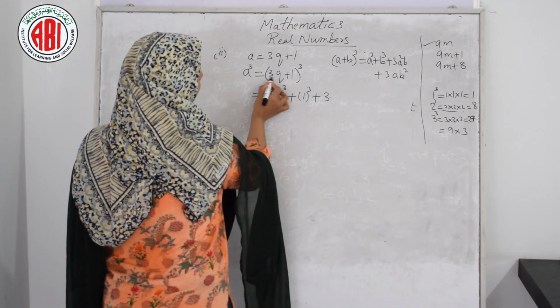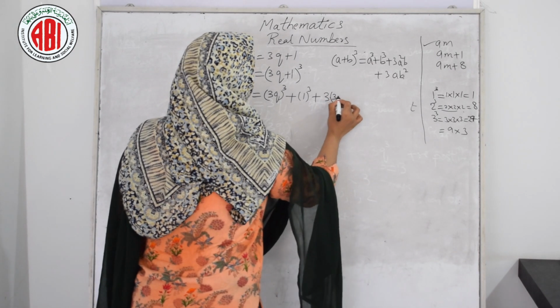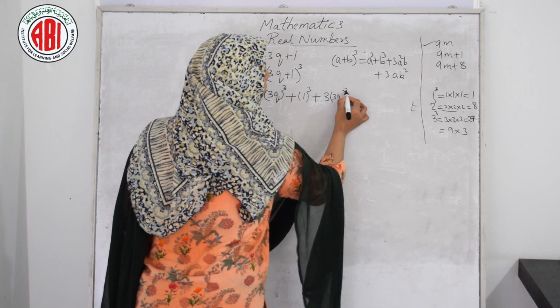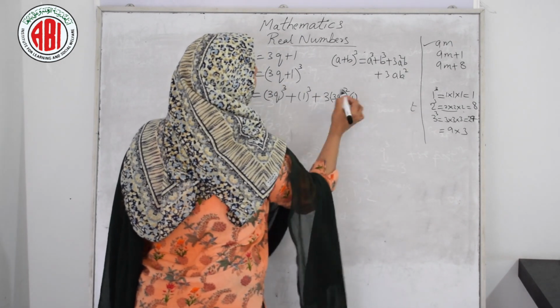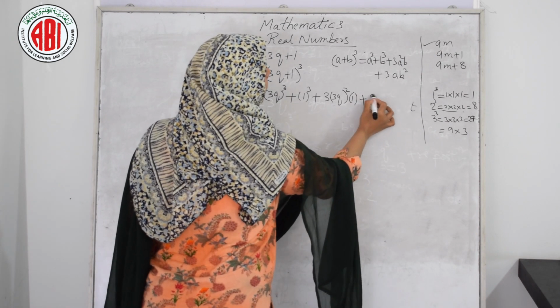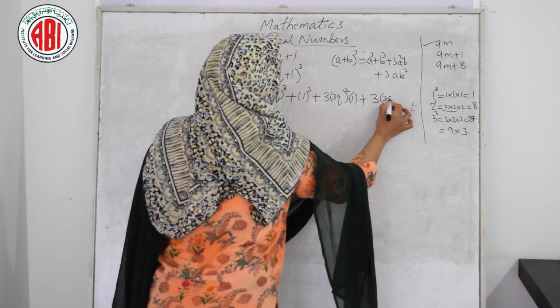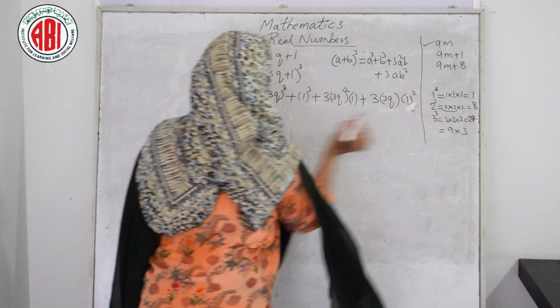Again in the place of a we have 3q, so you have to multiply 3 into 3q square, into b, which is 1. Plus again we have the fourth term, 3 into a, which is 3q, into b square, 1 square.